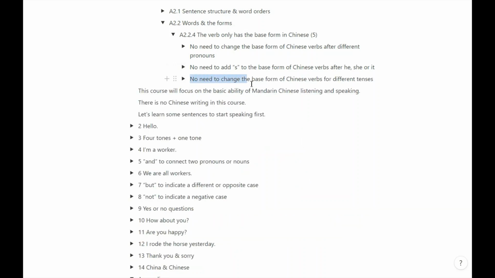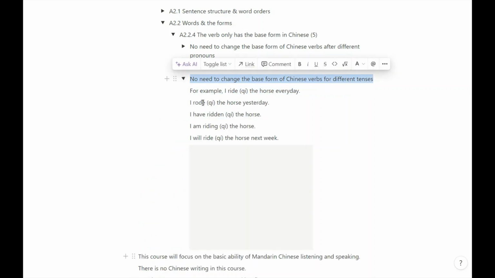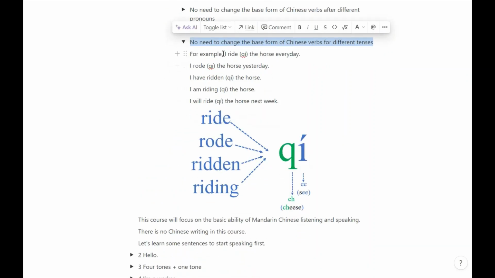Also, there is no need to change the base form of Chinese verbs for different tenses. For example, I ride the horse yesterday, I rode the horse yesterday, I have ridden the horse, I'm riding the horse, I will ride the horse next week.